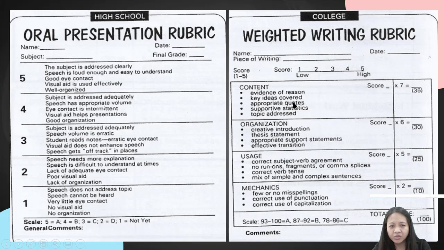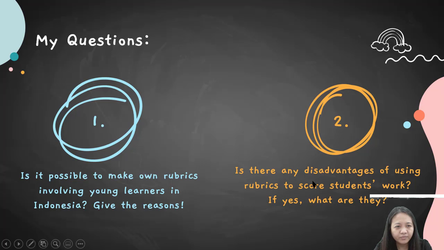The difference is, for the high school you have the description here, but not exactly which score it is. So for each description of the criteria, you decide your own description, you decide your own level, from content, organization, usage, mechanics, and then the total score there.